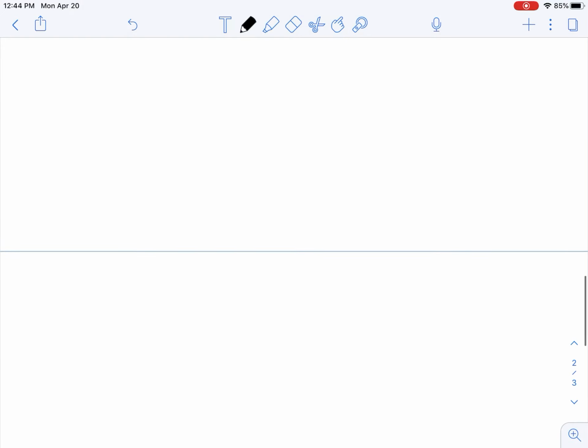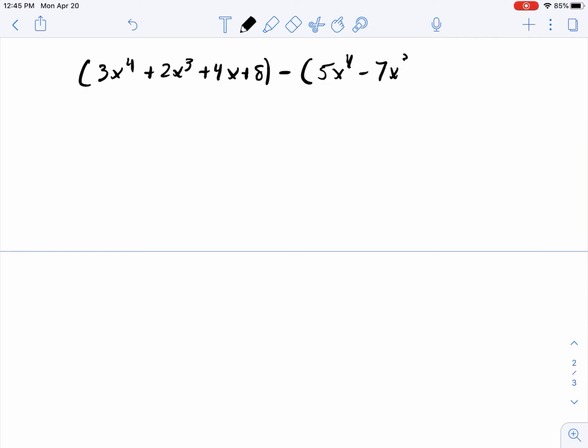One more example here, let's do a minus. So if I have, say, 3x to the fourth plus 2x cubed plus 4x plus 8 minus 5x to the fourth minus 7x cubed plus 2x plus 9. So notice the same problem. The only thing is I change this to a negative. So when I bring this over, just change all the signs.